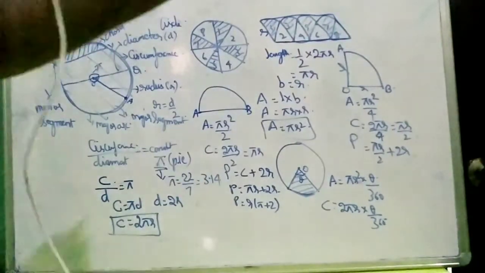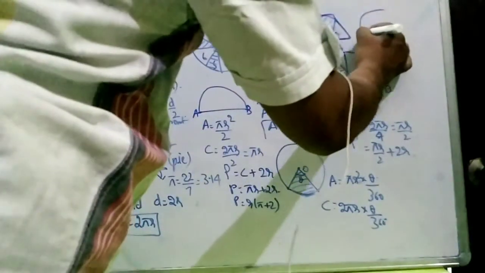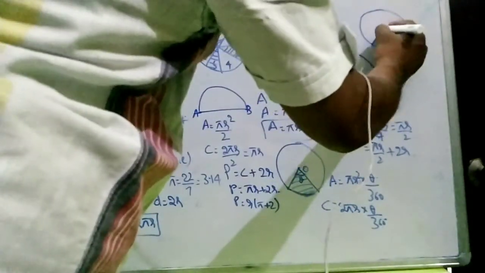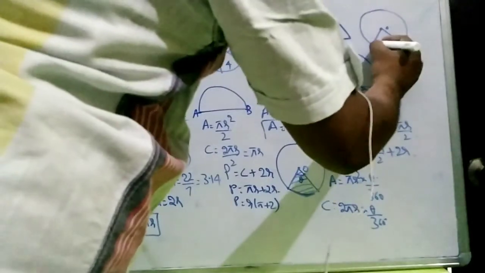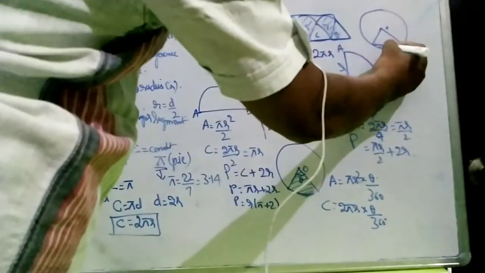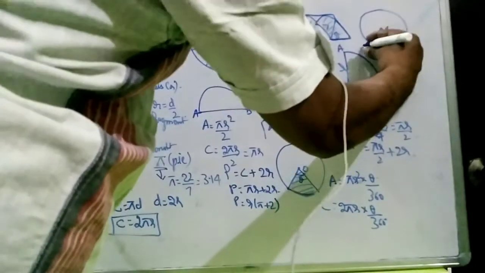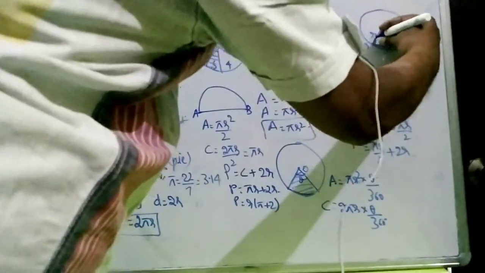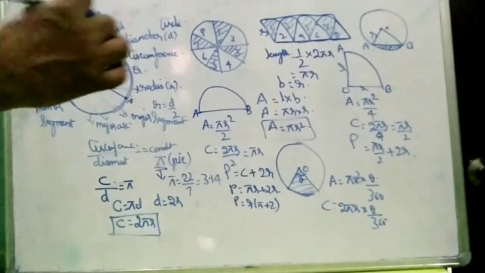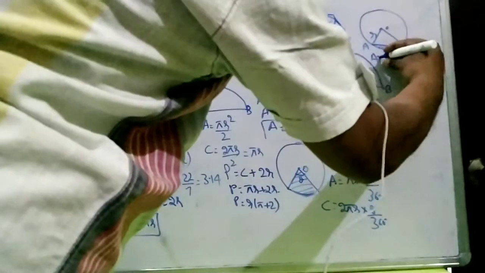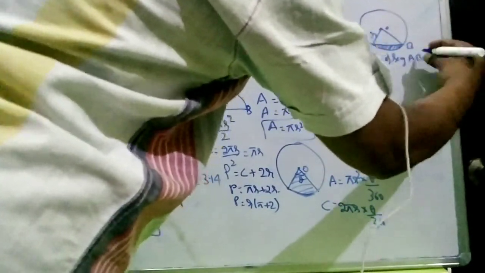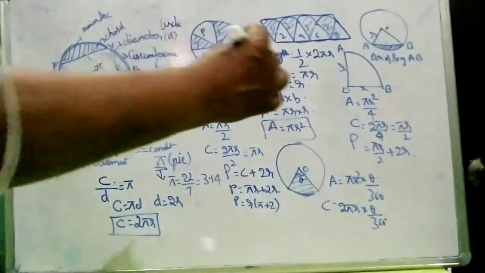Now suppose this is a circle, this is the center of the circle, and you have to calculate the minor segment OAB, radius is r. What do you have to find out for the area of segment OAB, the curve part?